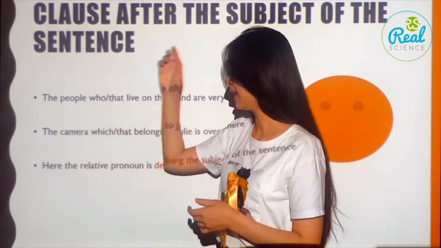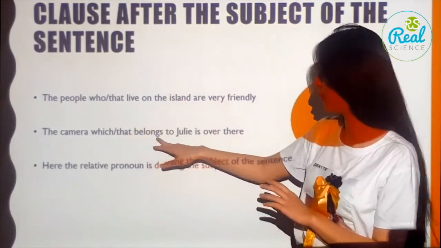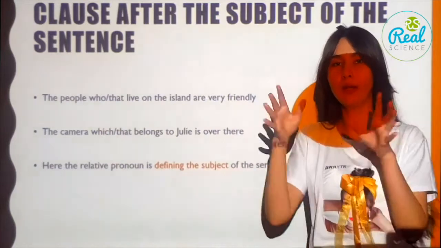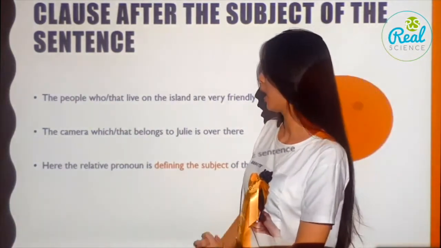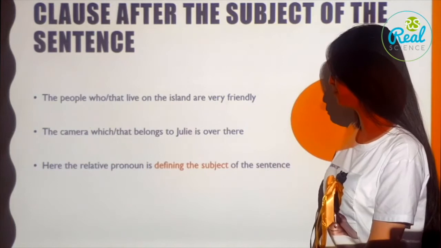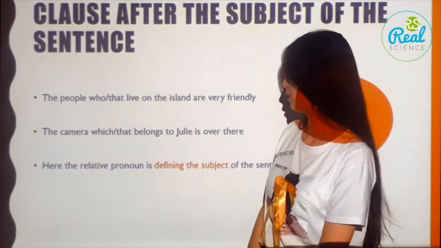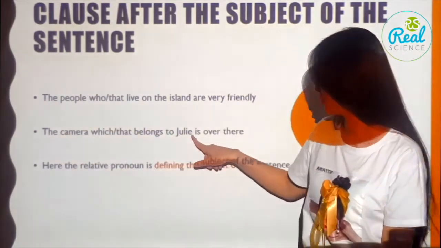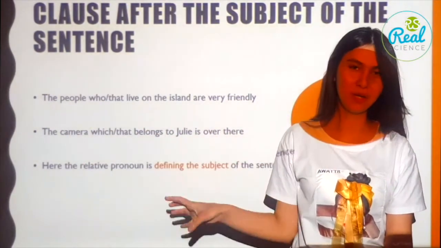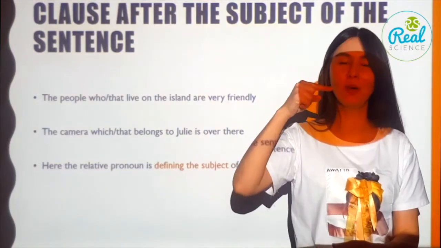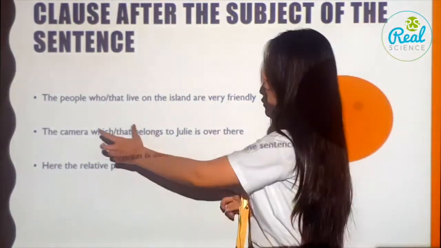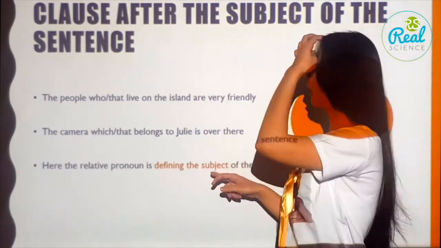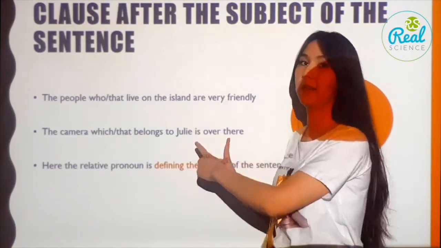So now look at the second one. The camera that belongs to Julie is over there. So here also you cannot drop the relative pronoun. The camera belongs to Julie is over there. Why can't we? Look, here you are making more sentences without any commas. If you say, the camera belongs to Julie, is over there, this is actually the second sentence.